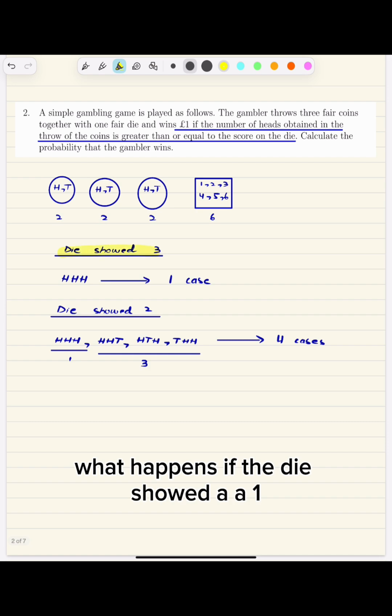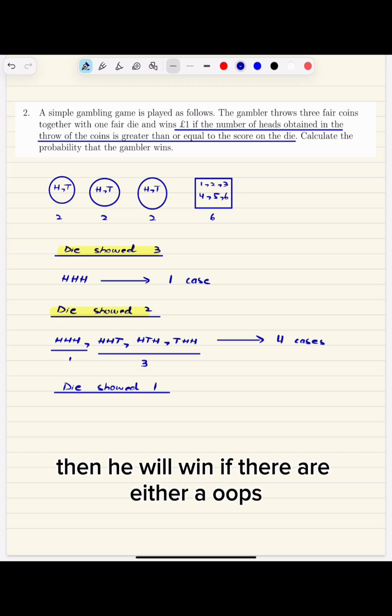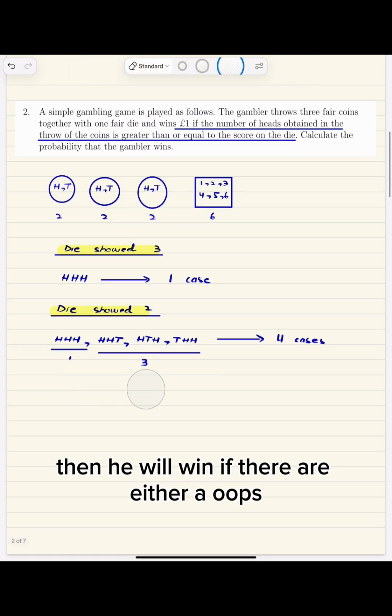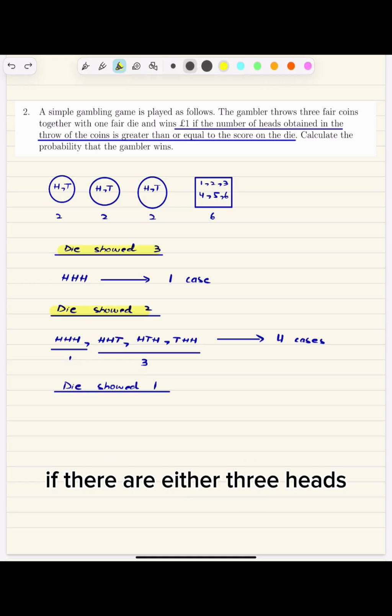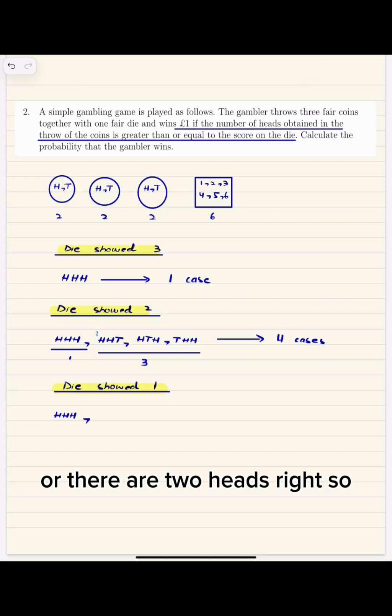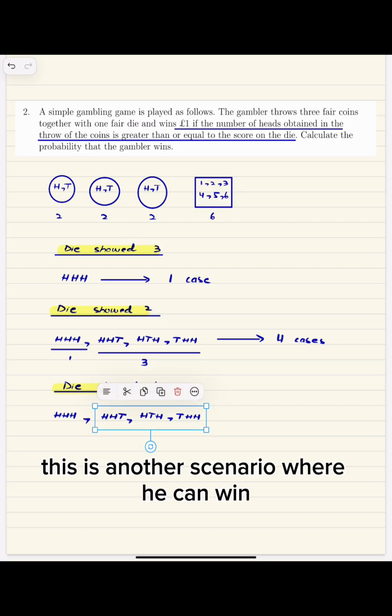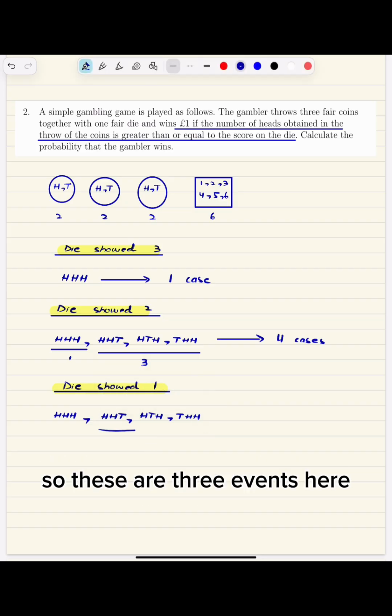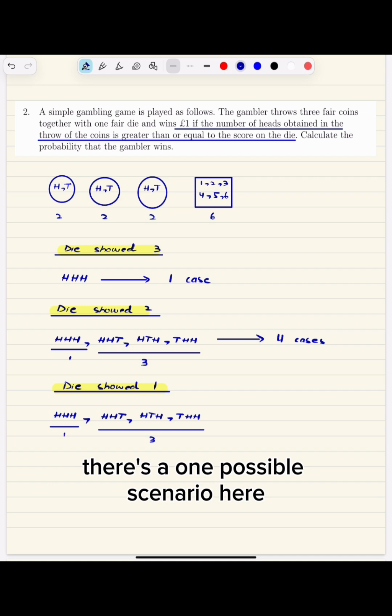Okay, what happens if the die showed a 1? Then he will win if there are either 3 heads, because 3 is greater than 1, or there are 2 heads. So these are 3 events here.